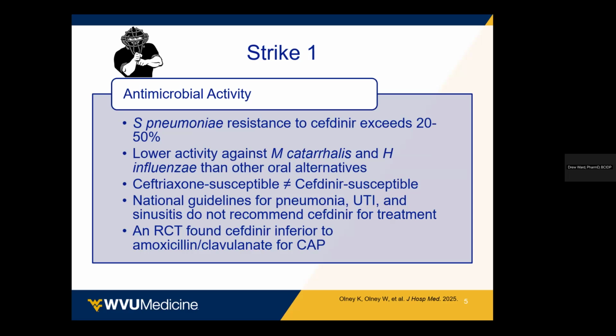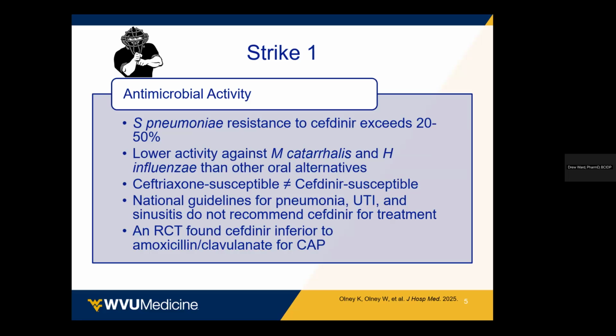We might think of a third generation cephalosporin as being equivalent to several others within that class, but unfortunately, it isn't always as active as other agents that we categorize as third gen cephalosporins, and certainly other beta lactams for that matter. Cefdinir has demonstrated resistance to strep pneumo that can exceed 20 to 50%, depending on what study you're looking at.